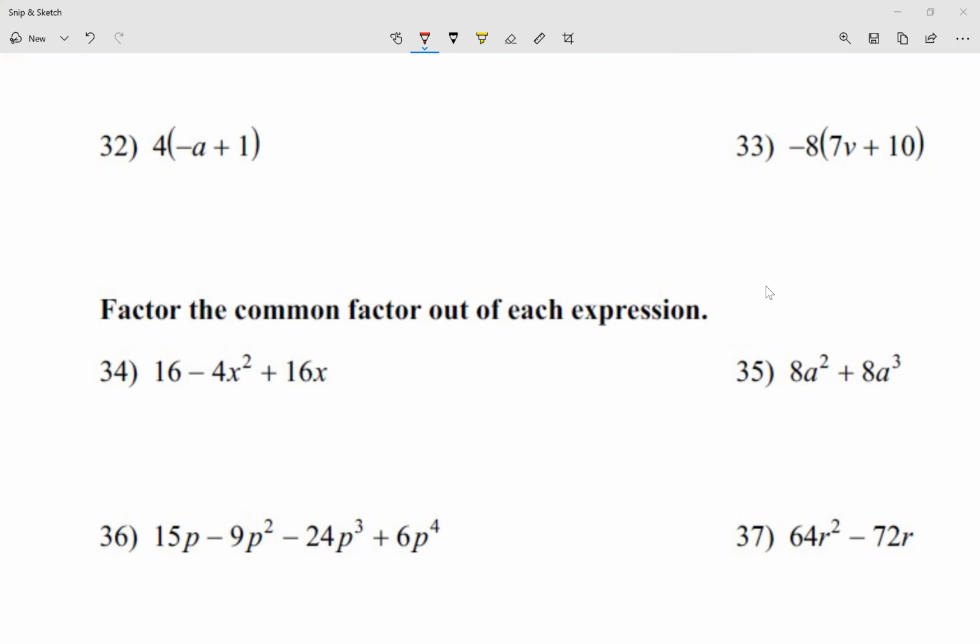Where we have a parentheses and a number on the outside, I said we're going to call it distributive property. We're going to multiply the number on the outside to the numbers on the inside. So the 4, I'm going to multiply to the inside. So that gives me negative 4a. 4 times 1 gives me a positive 4, right? We call that distributive property.